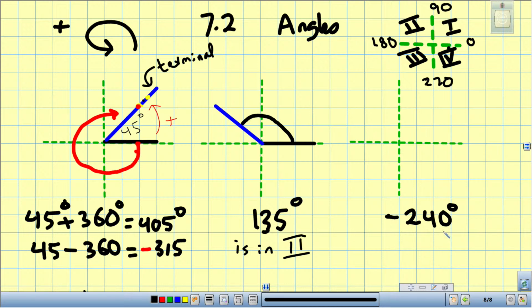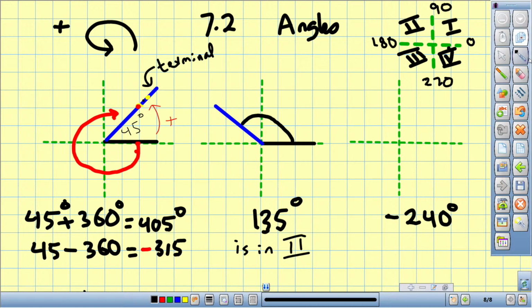Which quadrant is negative 240, not positive 240? So, be careful. There's a trick here. Is it the first? Is it the second? Is it the third? Is it the fourth? Which one would it be?